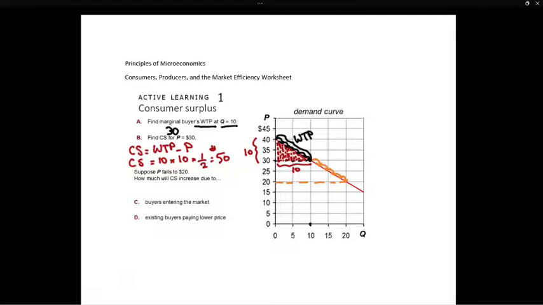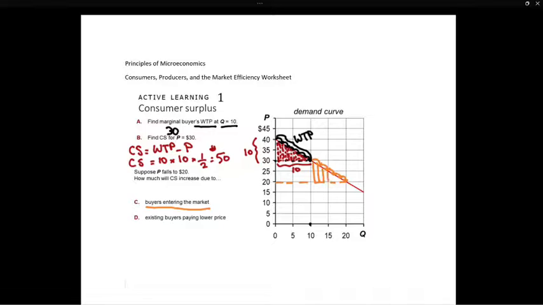So now let's take a look at how the consumer surplus increases as the price falls. And we can tell how much the consumer surplus will increase due to buyers entering the market. Okay, so we see that these are the new buyers.